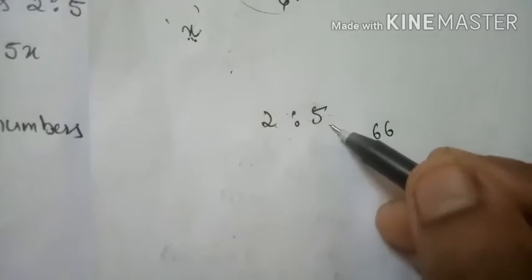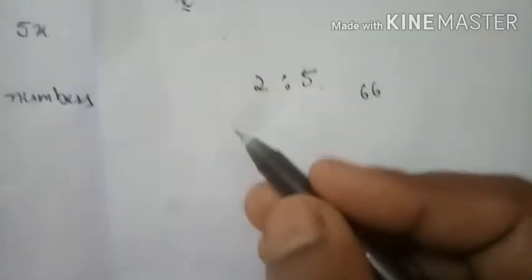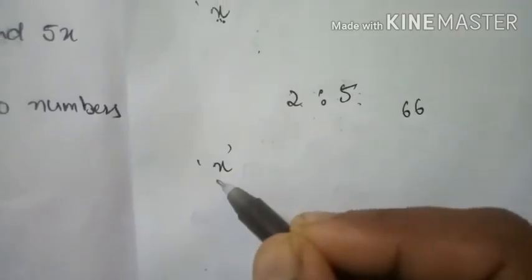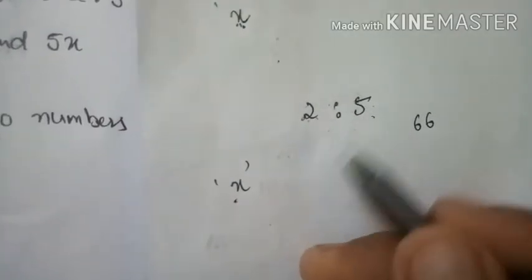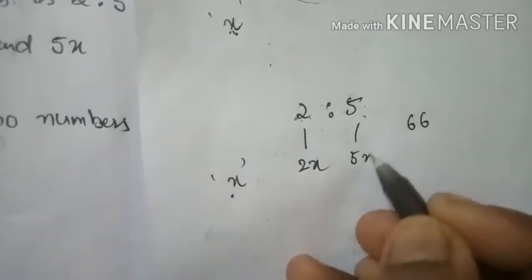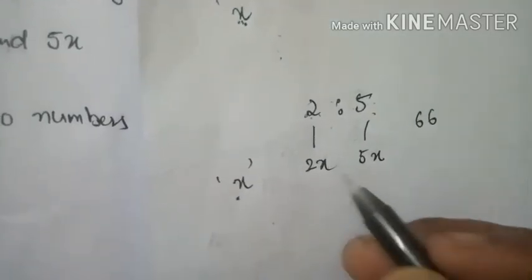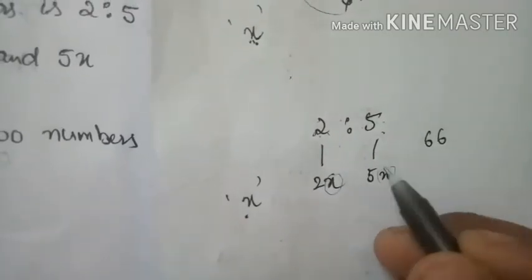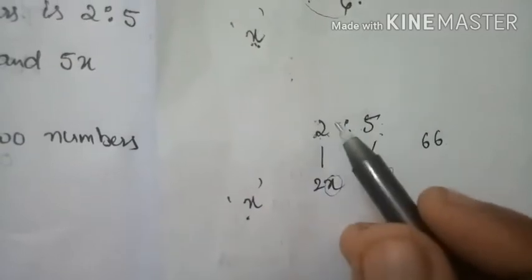So how do you find the two numbers? Means I take one of the number, that is x, it is related between these two numbers, then it will become 2x and this becomes 5x. Okay, now we have to find this x value, then only we can find what are the values of these two.